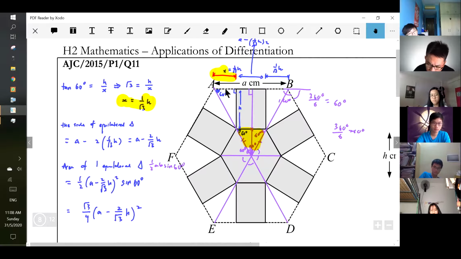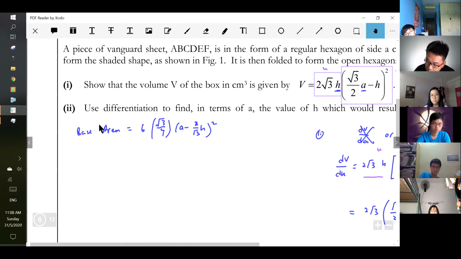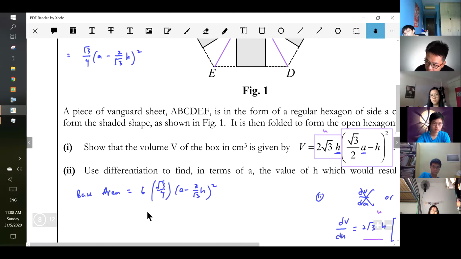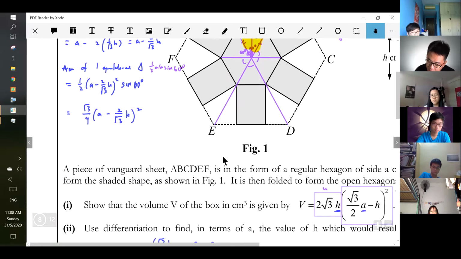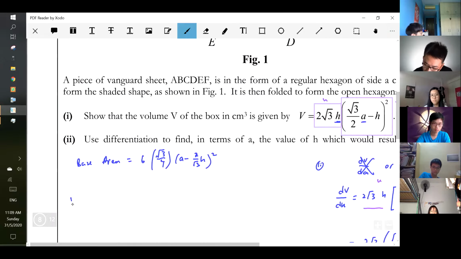So if you see a right angle like that, you have the angle, you have the length, you should know that this length could be found because of trigo ratio. You play God to the triangle, like you know everything about this right angle triangle. So this part here, once you're done, you just multiply by 6 because obviously one triangle is this area. You have 6 times of it, then the volume will just be times height. So this should be your answer.